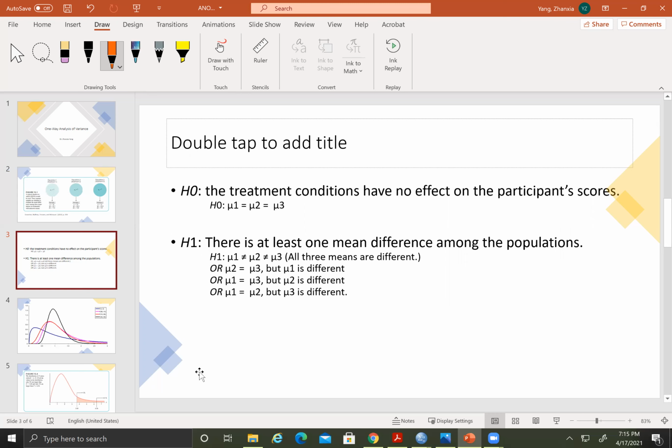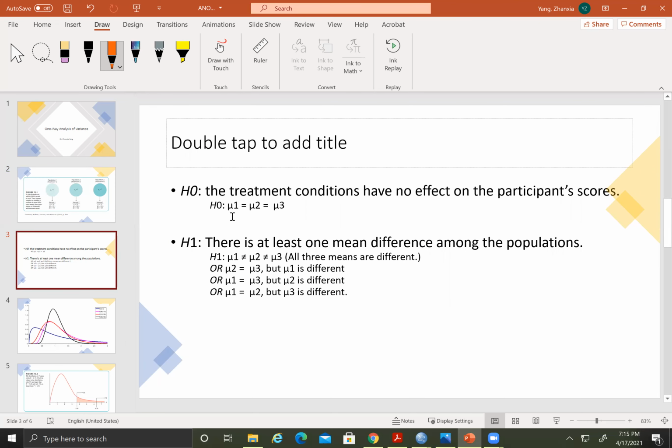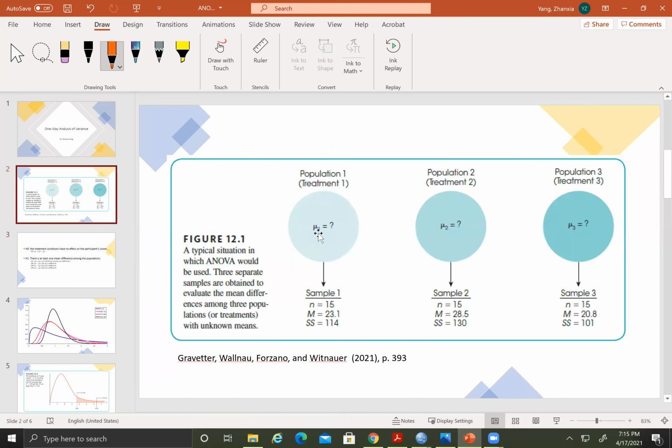In our ANOVA example, the null hypothesis is that the treatment means are the same. We have 3 treatments, as you see here, and the means are the same. In the null hypothesis, it's represented as mu1 equals mu2 equals mu3. These are for the population, not the sample.